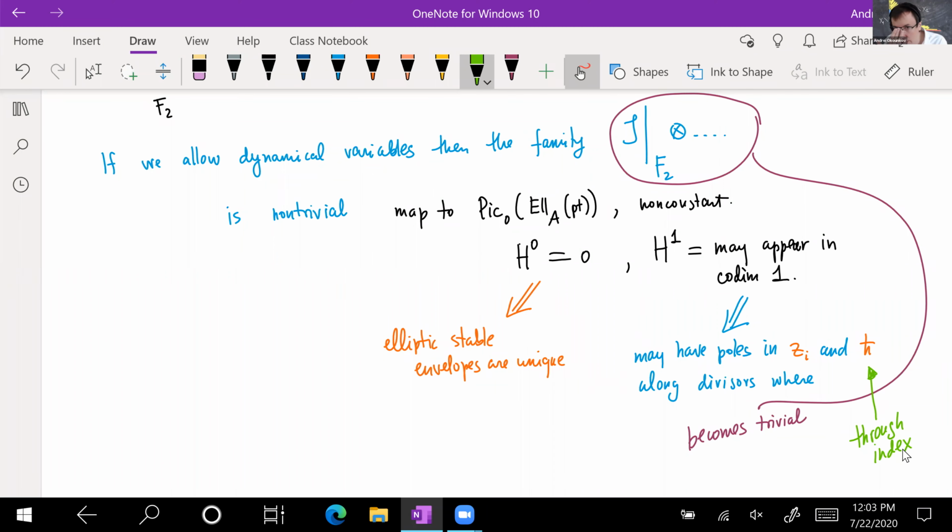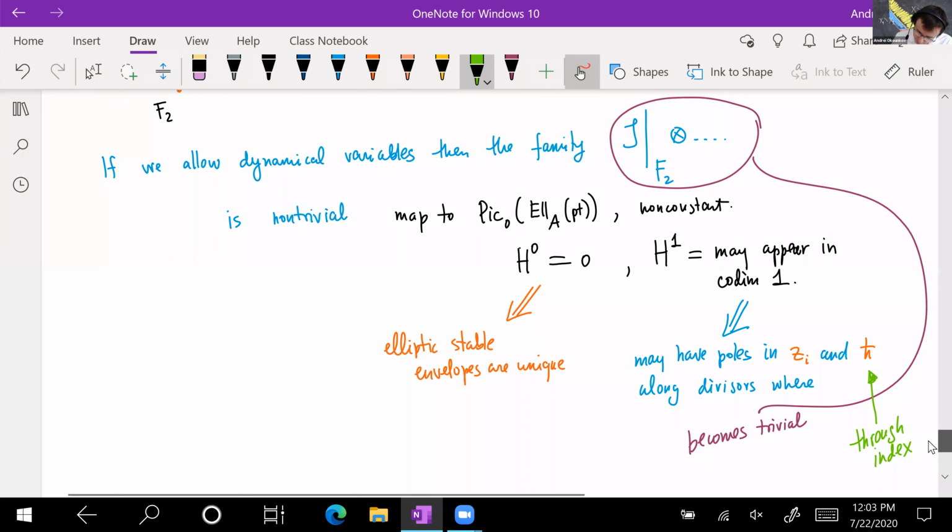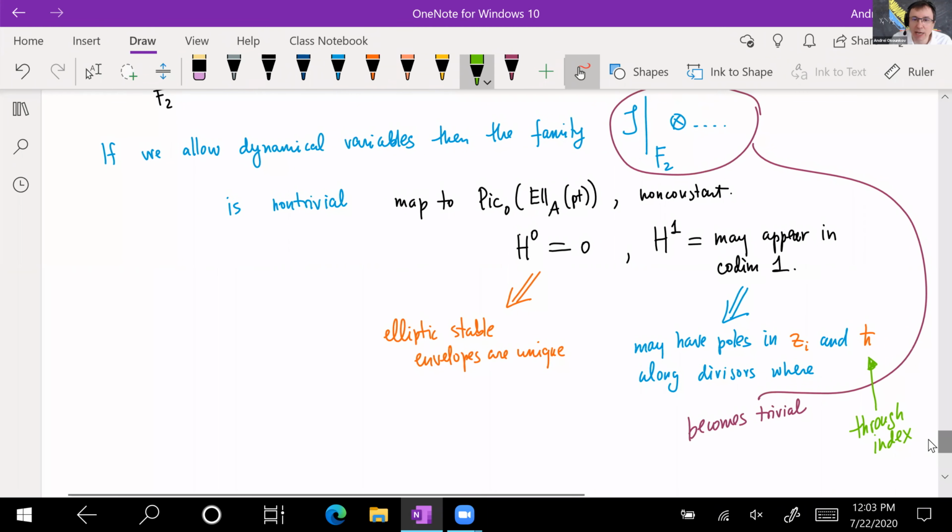Generically it's not trivial, but it might hit. It can be a divisor where it hits the trivial point, and then this means that there will be a pole.